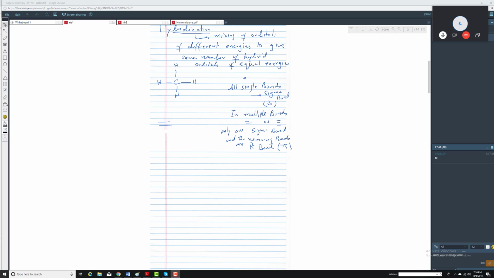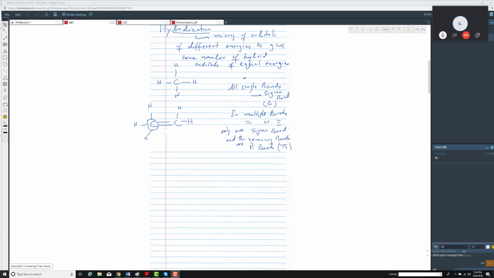For example, I am taking carbon, which of course always makes 4 bonds in most organic compounds. Let's take this carbon.